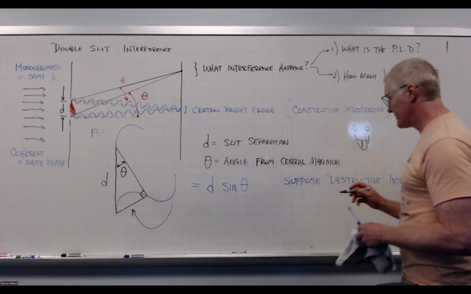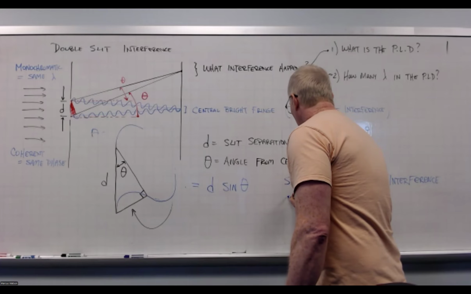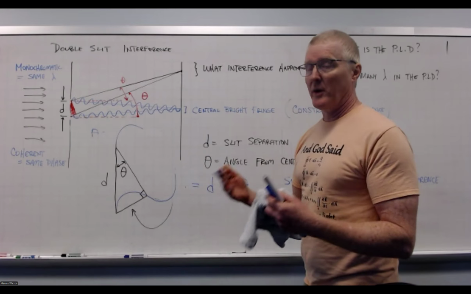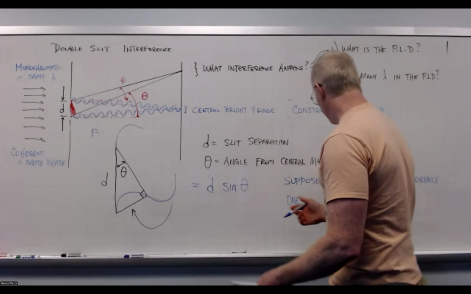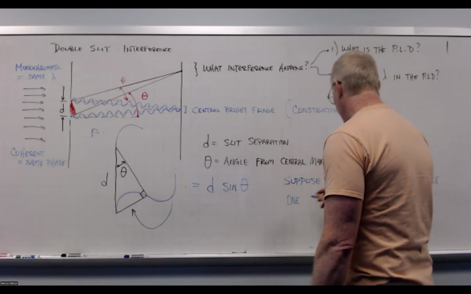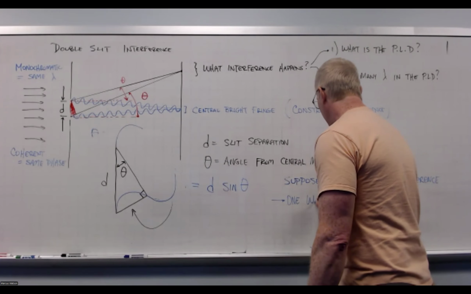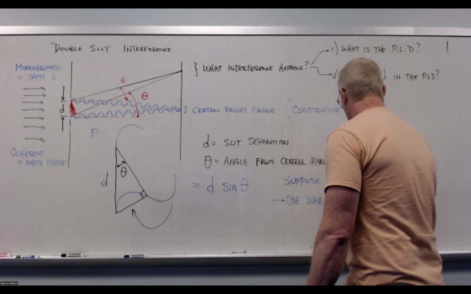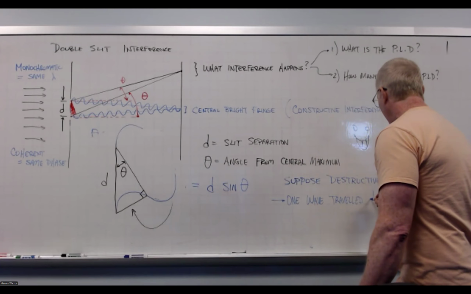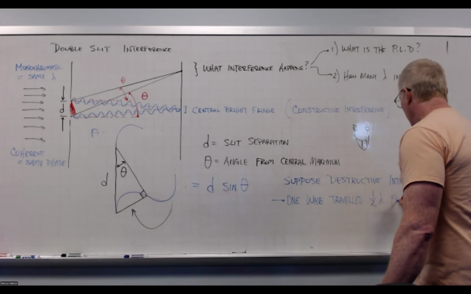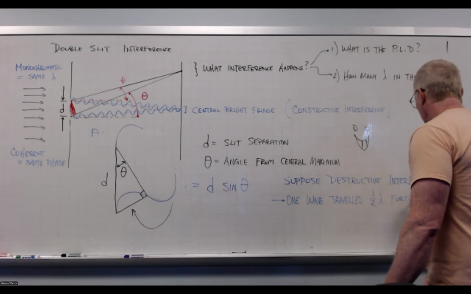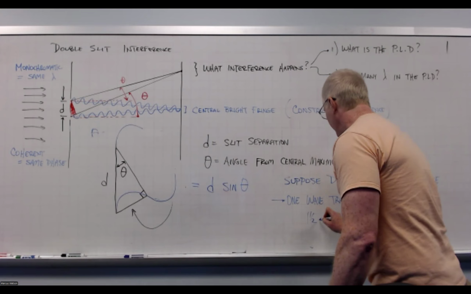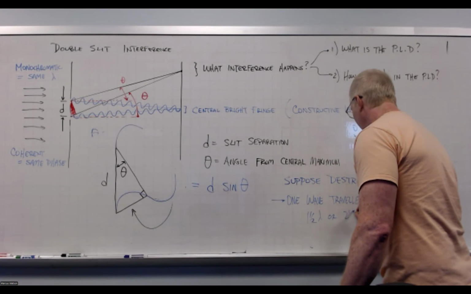Suppose destructive interference, so one wave traveled a half wavelength or some multiple of a half, like 1.5, 2.5, 3.5 wavelengths more. This means one wave traveled half lambda further, or 1.5 lambda, or 2.5 lambda.